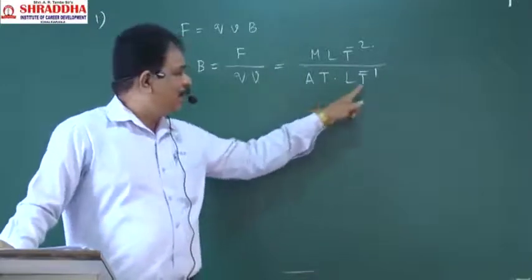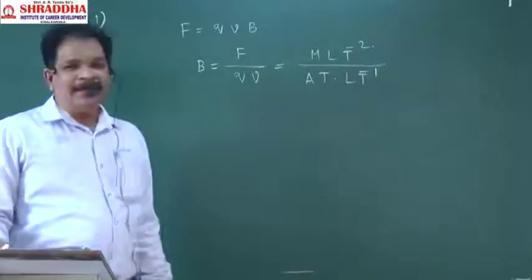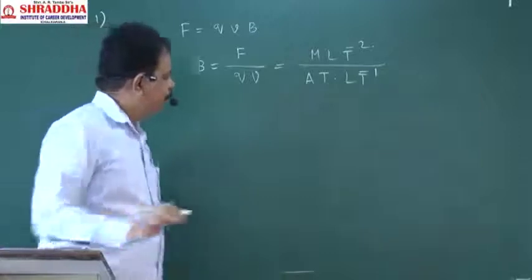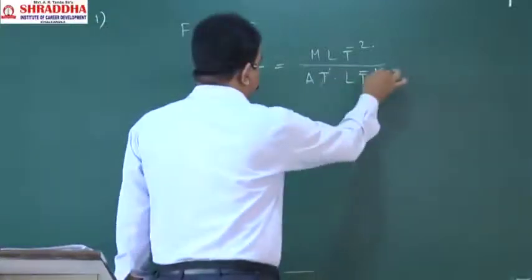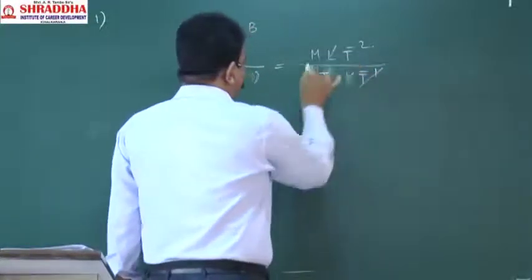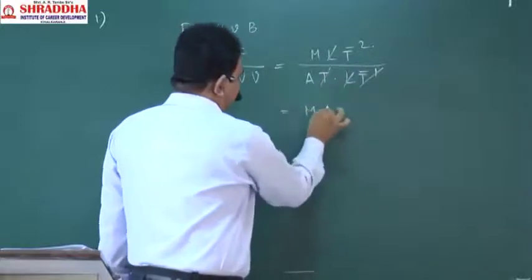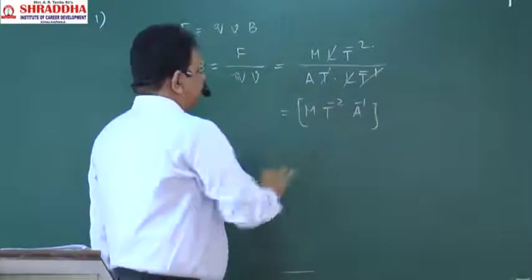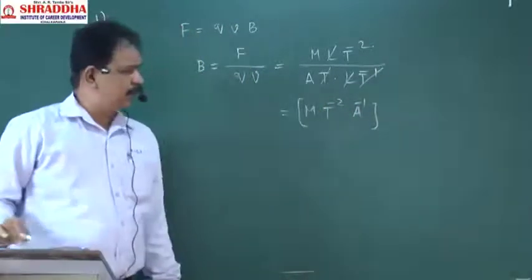Velocity dimensional formula will be LT power minus 1. Then this T will cancel, L will cancel. M T power minus 2 A power minus 1.